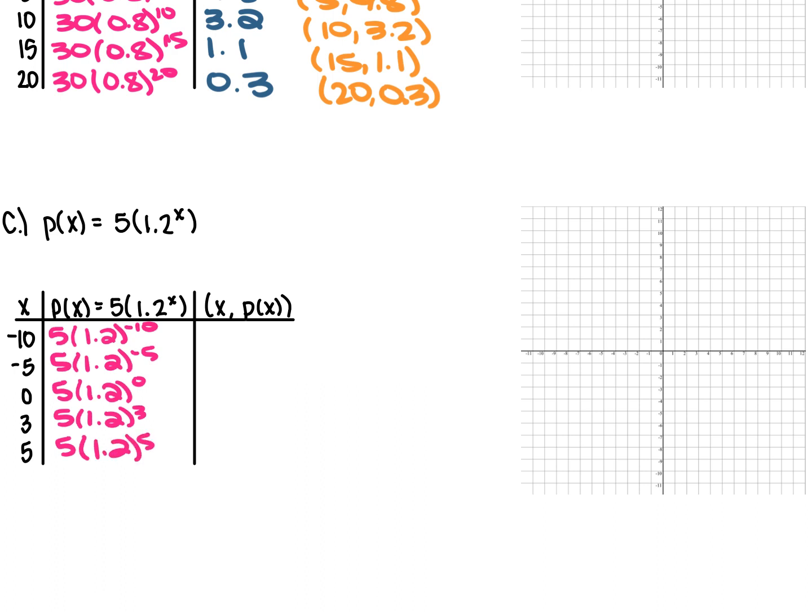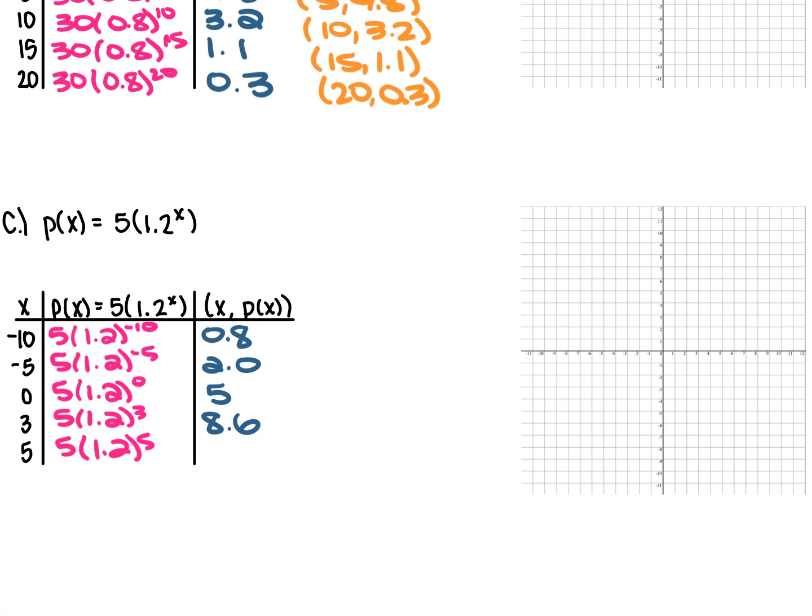Again, use your calculator for your power of -10. That gives you 0.8. 5 times 1.2 to the power of -5 is 2.0. 5 times 1.2 to the power of 0 is just 5. 5 times 1.2 to the 3rd power is 8.6.